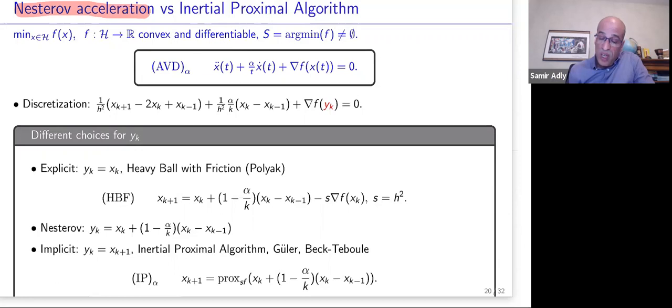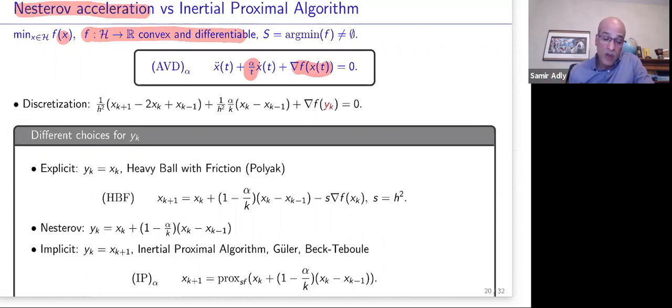As you see here, we suppose that we want to minimize a function f, which is, let's say, differentiable, etc. I will suppose here that we have asymptotic vanishing damping, alpha over t, okay? And we have only a gradient here, this is only a simple dynamic, okay?